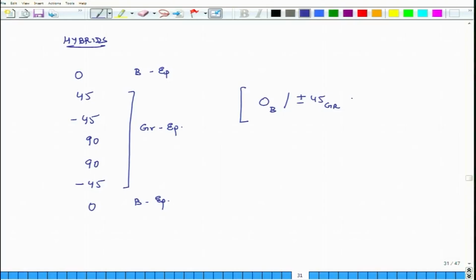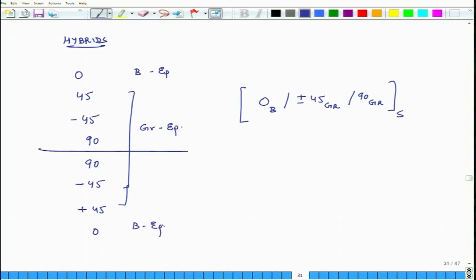And then we have 90 degrees graphite, and the entire thing is symmetric about this mid plane. Okay. So this is plus 45 and 0. So this is still boron and epoxy. Okay.